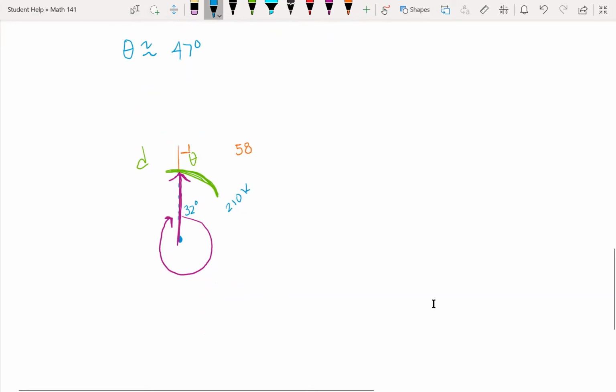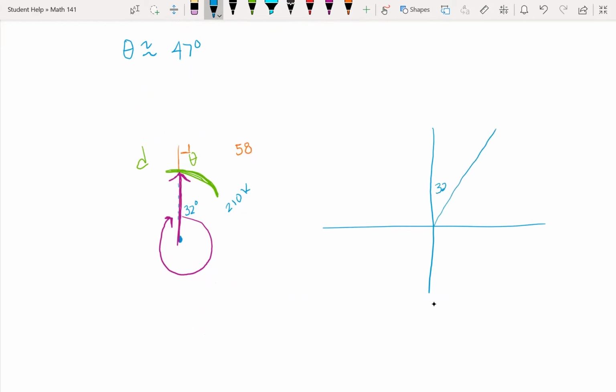So originally I had a 32-degree angle like this. But we just found in what we were doing that this angle was 47.